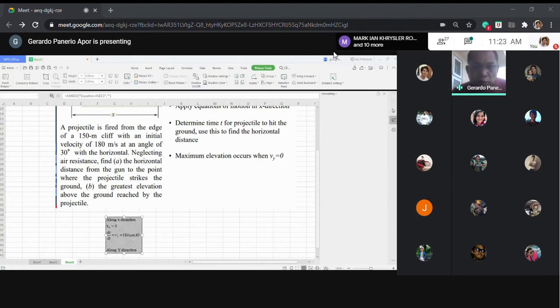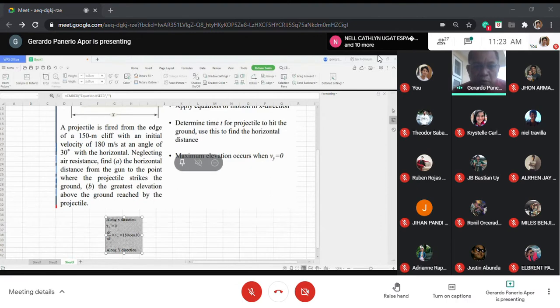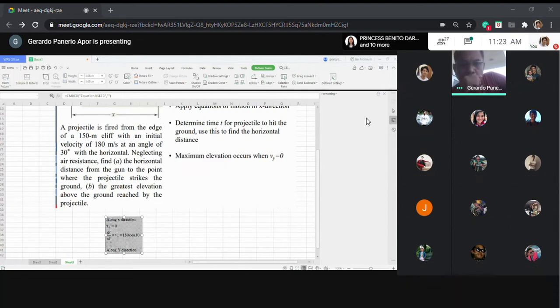That is what we call the initial V. Now, actually, acceleration along x is 0. A sub x is equal to 0.